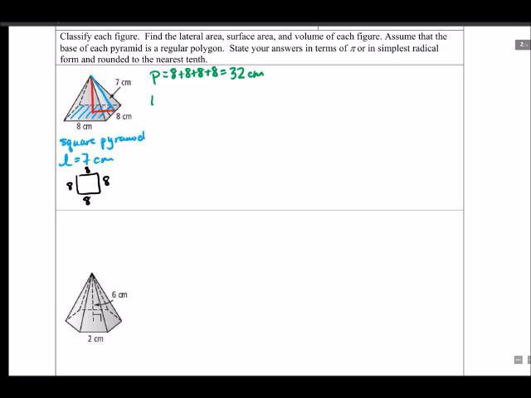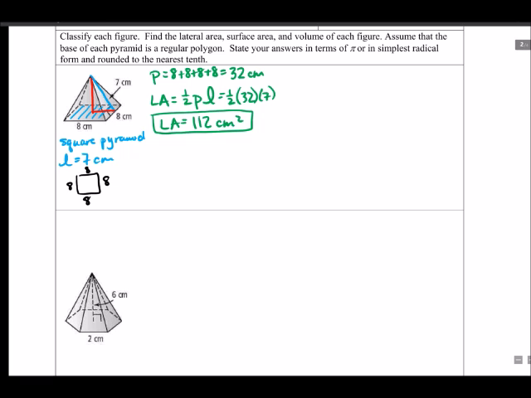And so that's going to let us find lateral area, which is 1/2, because these are triangles, the perimeter times the slant height. My perimeter is 32. My slant height is 7. So my lateral area turns out to be 112 centimeters squared.